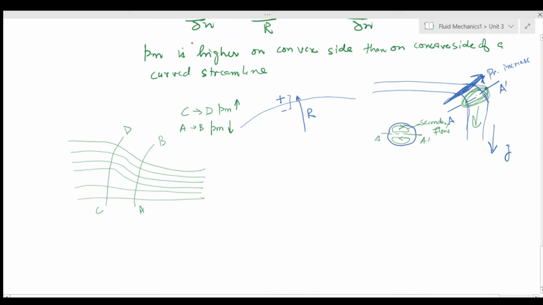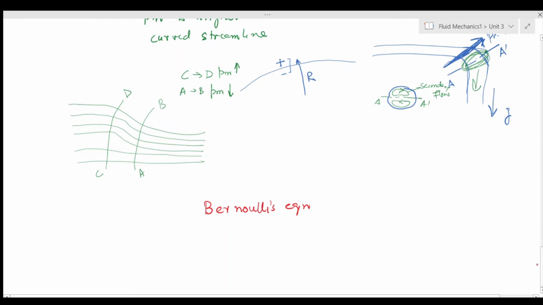So it's a work-energy principle which we are using, and that's why from the general momentum equation we move to a specific case of inviscid fluid, and that was Euler's equation. And from Euler's equation we can move towards Bernoulli's equation. So let's do that. Let's move to Bernoulli's equation.